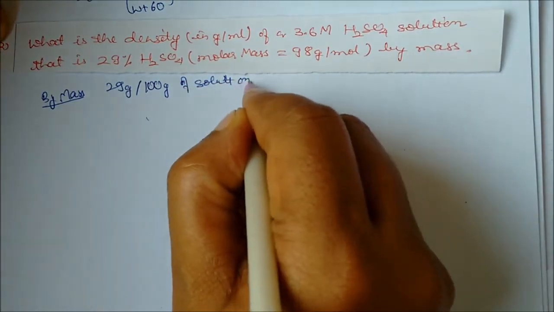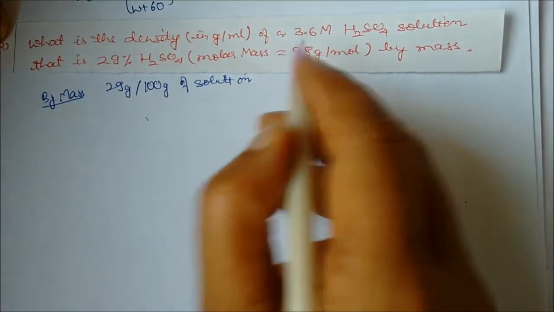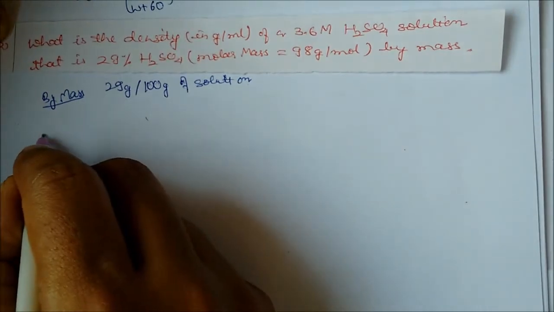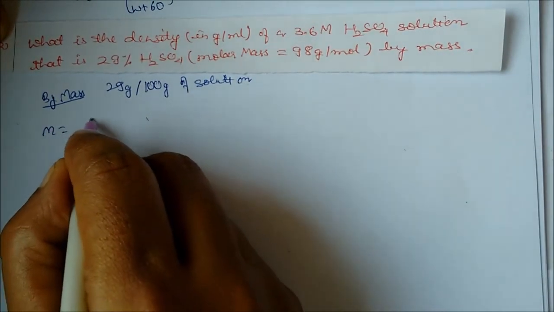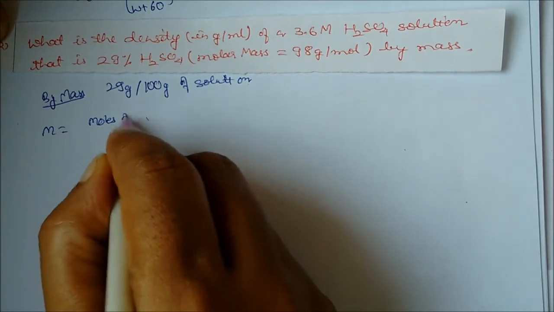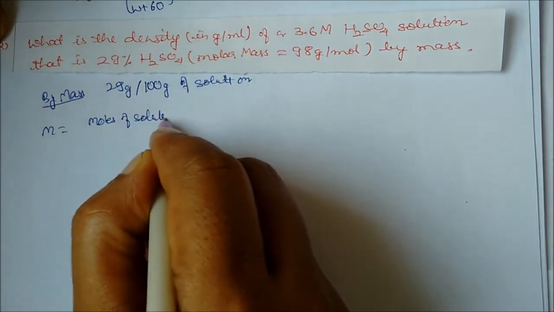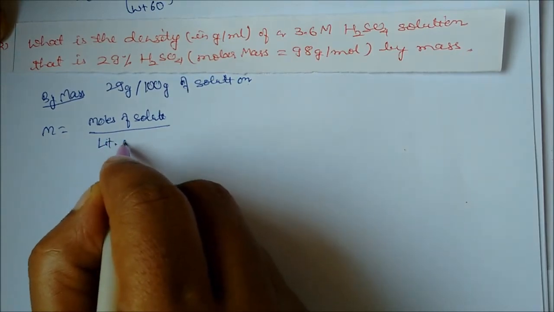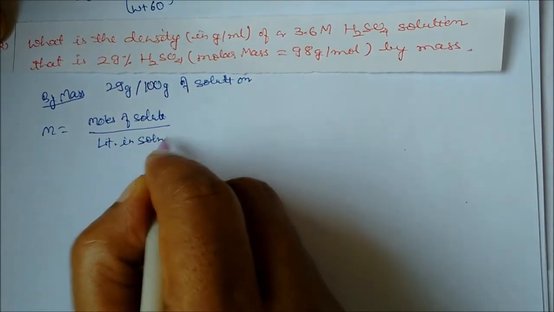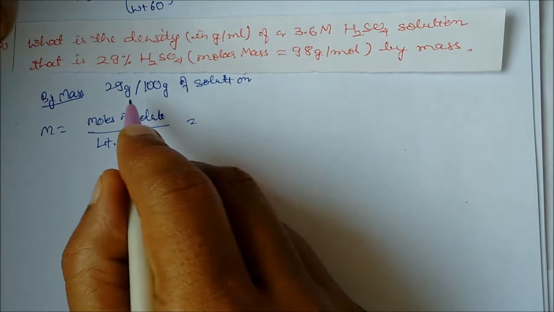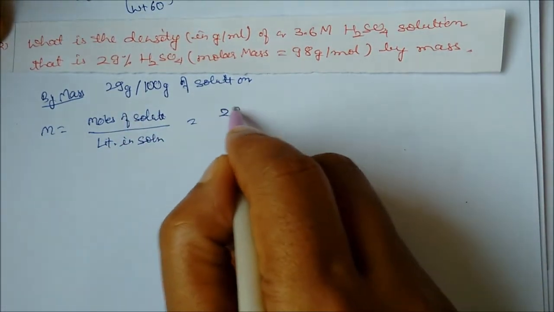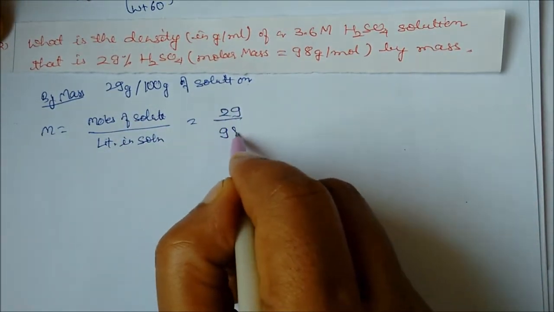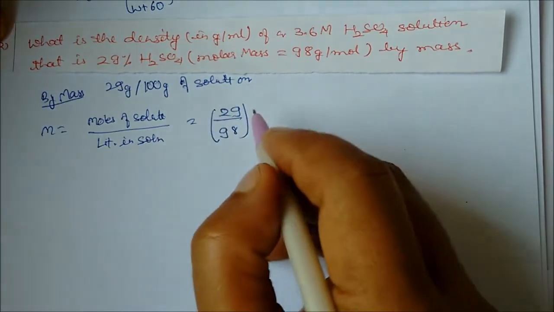Fine. So molarity they have given, and we know the formula: molarity is equal to moles of solute divided by liters of solution. In this, what are the moles of solute? The moles are 29 grams divided by the molar mass of H2SO4.